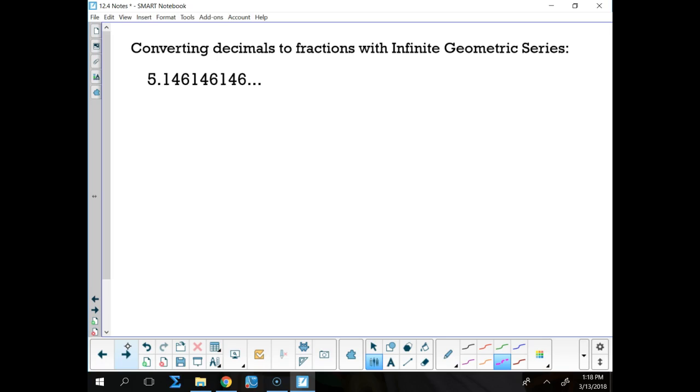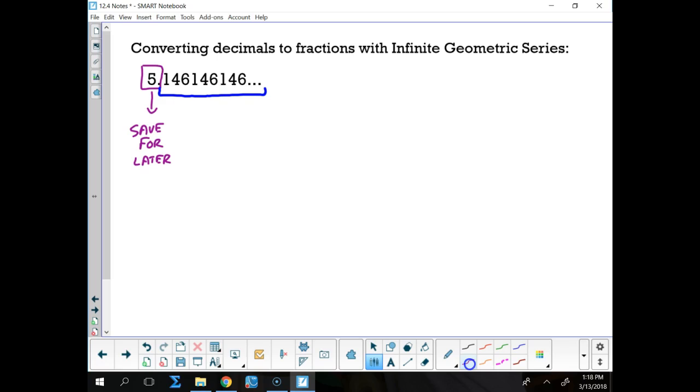No. So since it's not in the pattern, I am going to save that 5 for later. And I'm just going to deal with the repeated decimal portion of it.